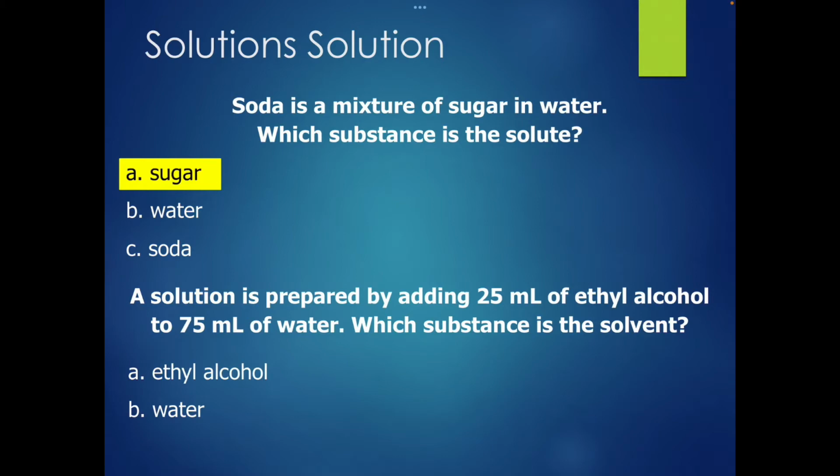Because a lot of times we'll think of the solvent as being the liquid and the solute as being the solid. But it doesn't always play out that way. If they're both the same phase of matter, like this, they're both liquids, then the one that's more abundant is going to be the solvent, okay? So here, water's our solvent, and our ethyl alcohol would be our solute.